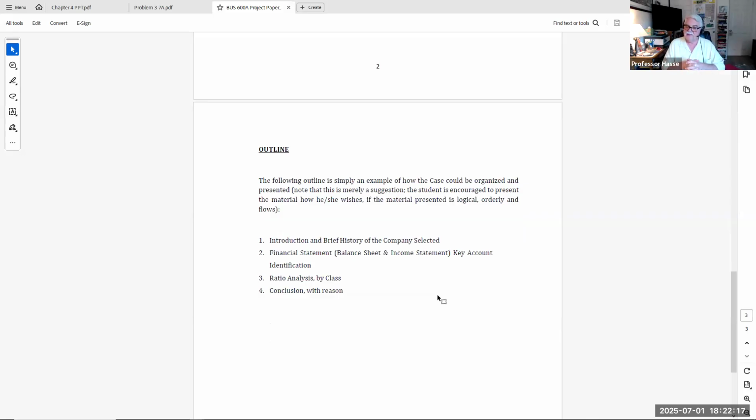The outline of your work in the APA format should include an introduction and brief history of the company selected, financial statement, balance sheet, and income statement, key account identification, ratio analysis by those 4 classes. Remember, 4 classes. You select one equation from each class.